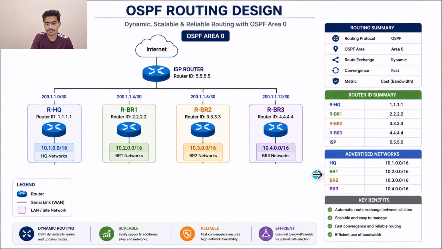These networks will be advertised to the other neighbor networks so that the routing table will be adjusted automatically whenever there is a change in the network. And in the summary, we can see that area 1 is used, routing type is dynamic, and also cost metric is used.